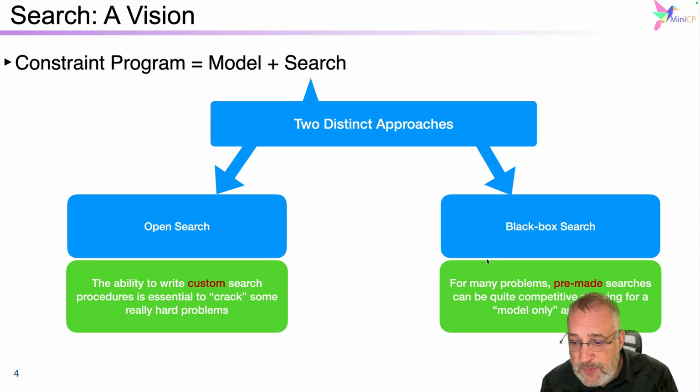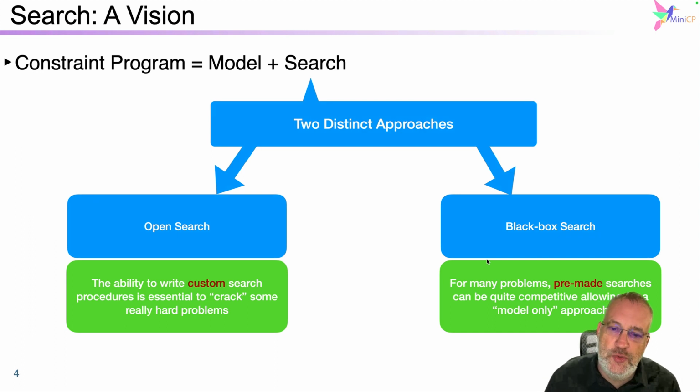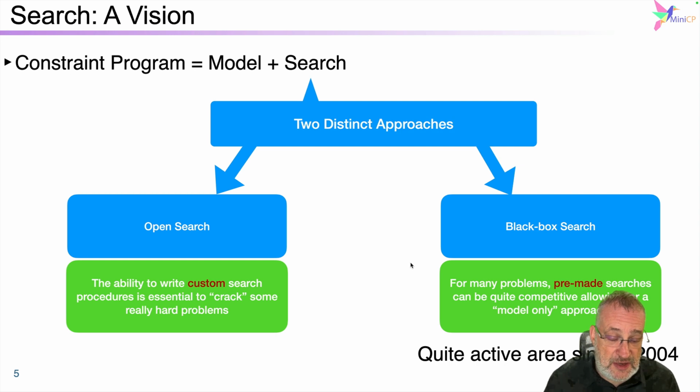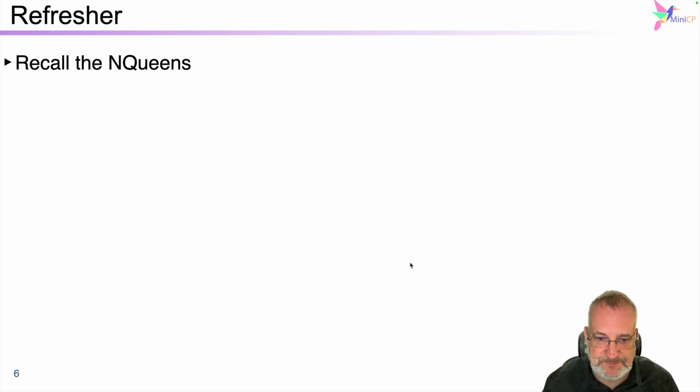The other one is black box, where the idea is that for many problems, there are pre-made searches that will be quite effective, and there is no reason to go ahead and write a custom search procedure. You might instead simply adopt one of these canned procedures, and it should work quite well. Now, this is a line of thought that has been ongoing since the mid-2000s, and it's been quite effective. So we'll look at a number of options along that space.